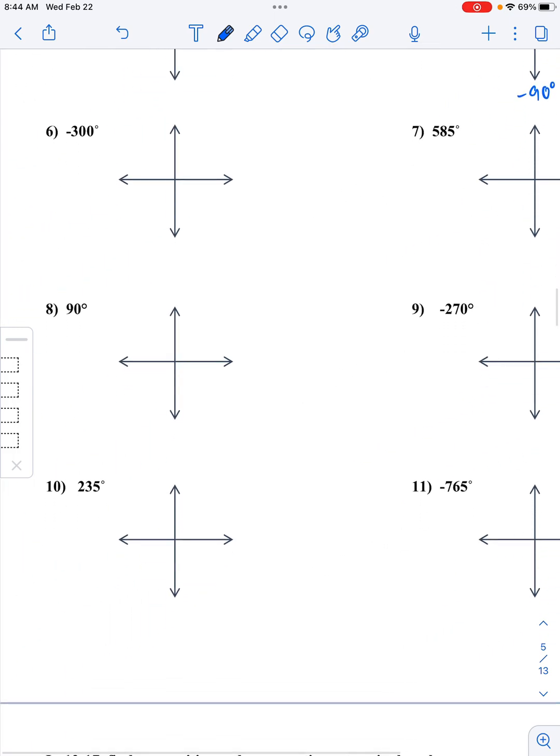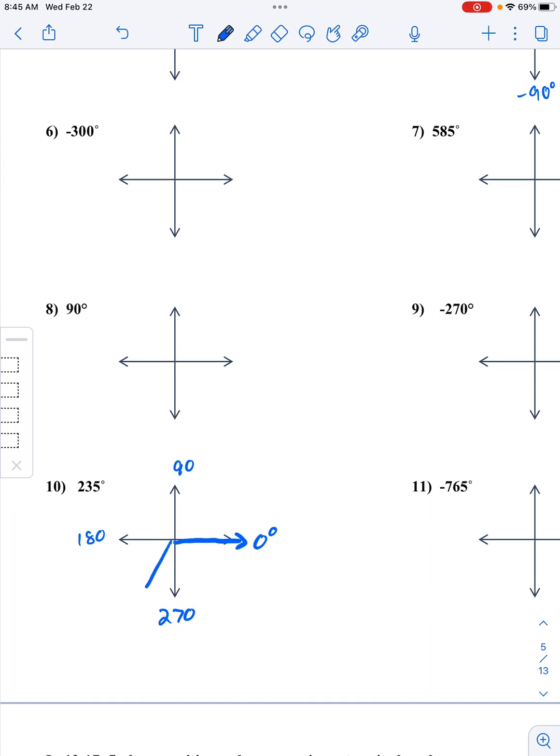So down here, number 10, 235. Okay, that's positive. So here's my initial side at 0. Here's 90. Here's 180. Here's 270. So I need to land in that third quadrant between 180 and 270. And so if you're looking at 270, 235 is only 35 away from that.